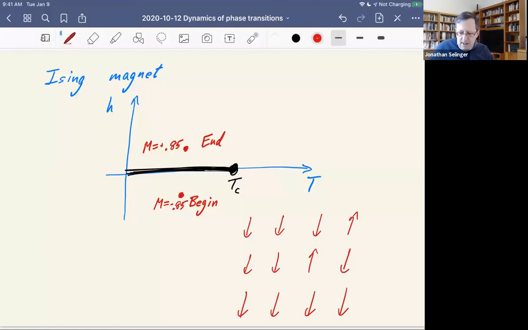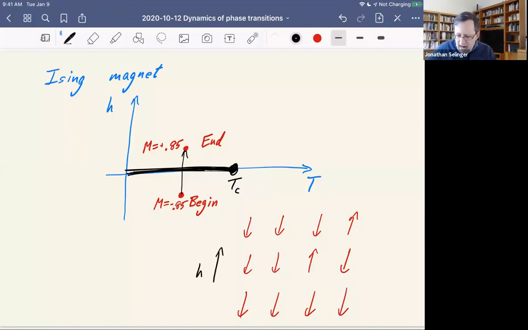And there is an applied field, which is down, okay? Now, we're making the change to go from the beginning state to the ending state, okay? So that means we're going to change the field. Okay, so I'll erase this arrow and I'll draw a new arrow for the new applied field.